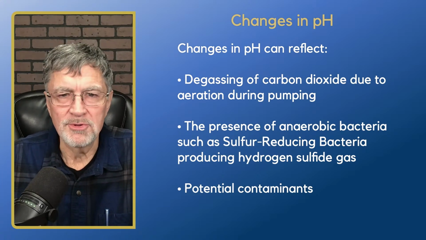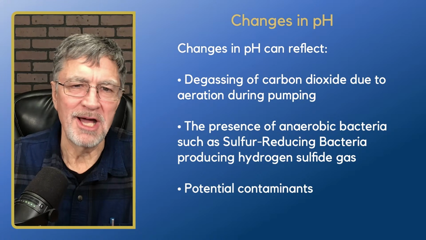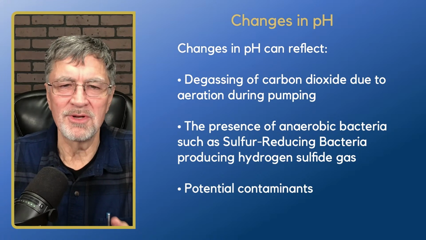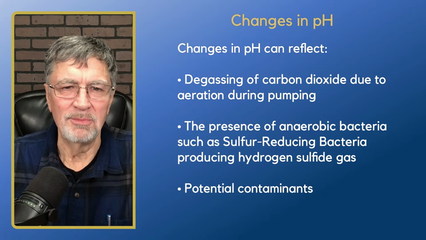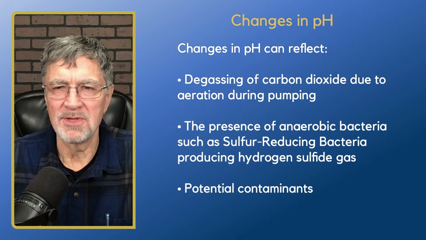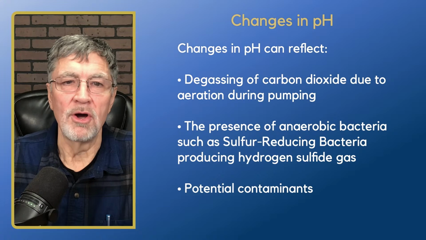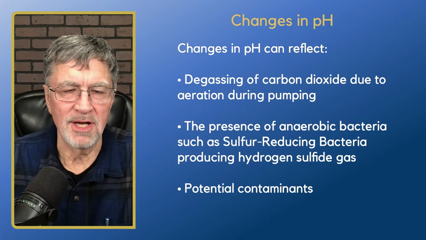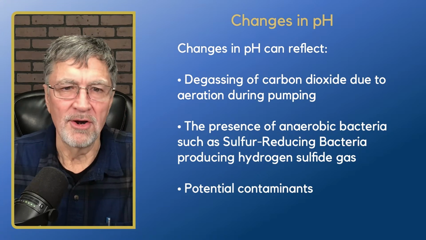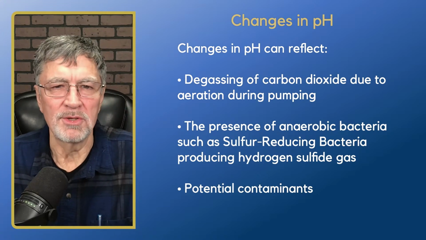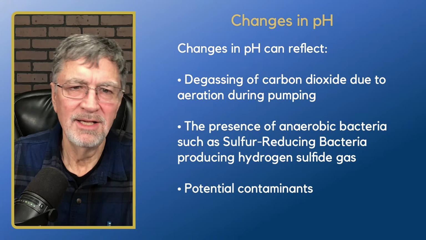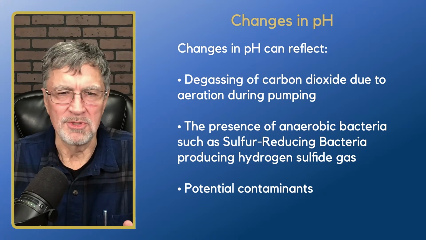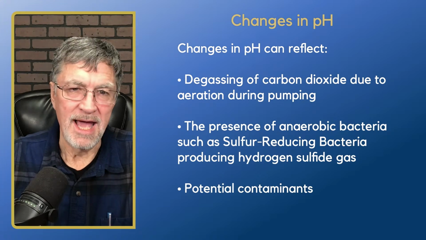So also, with the degassing of carbon dioxide, when you send a sample to a lab for pH, it's going to be biased a little more alkaline, I'm sorry, because the carbon dioxide is degassing out of there. So you're removing that acidic component. So it's going to be biased a little high. So you need to really take that into account when you're interpreting pH results from the lab.